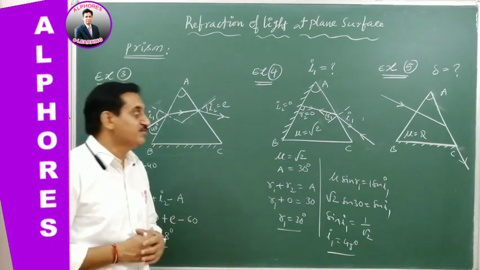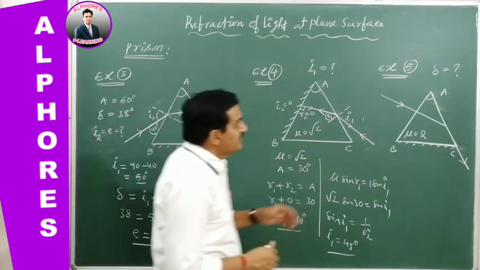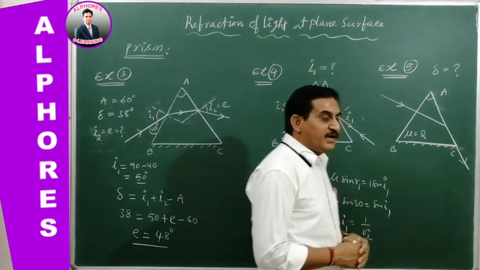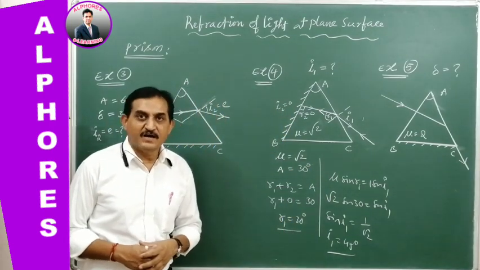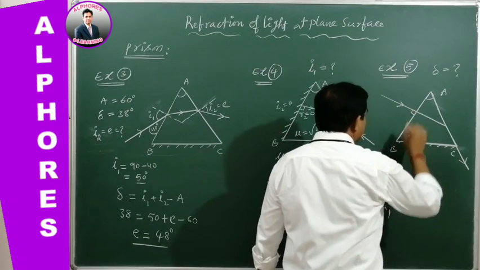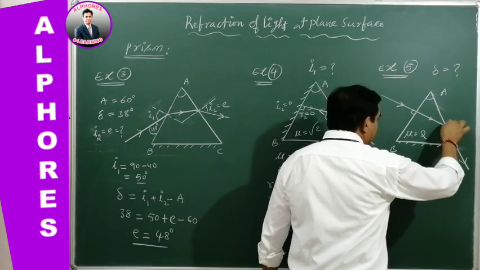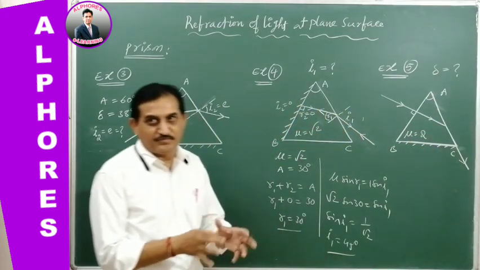Let us go for the next question, which is the fifth question, where again a prism is given. On one of the refracting surfaces AB, the light is incident normally, and after incidence on the AC surface it grazes out of it.